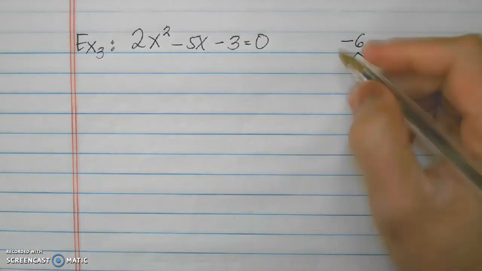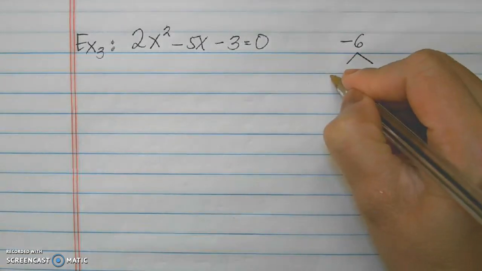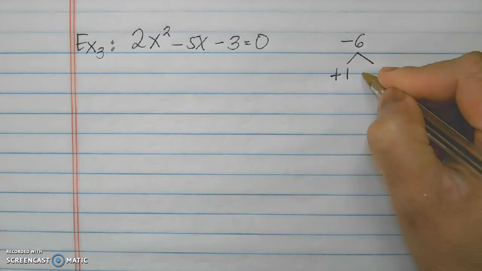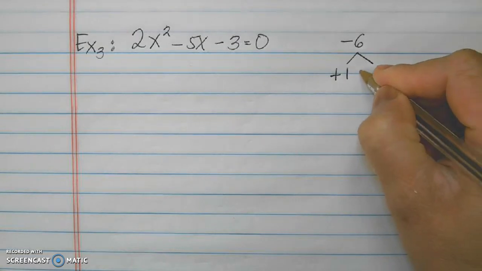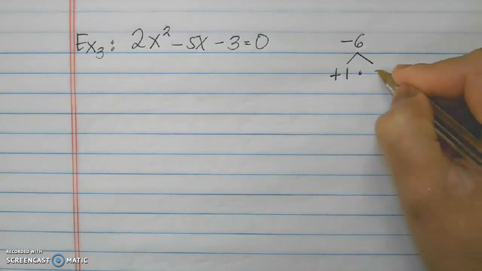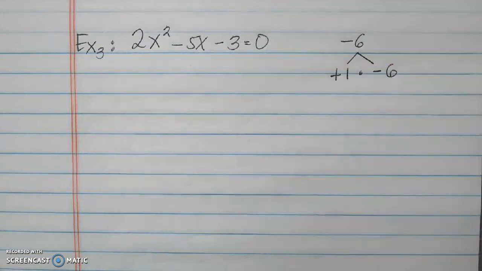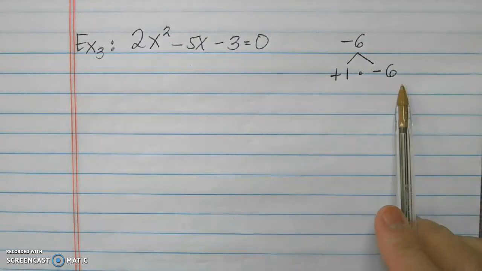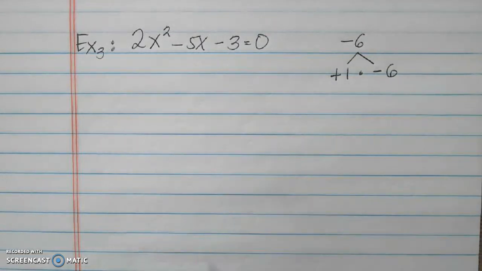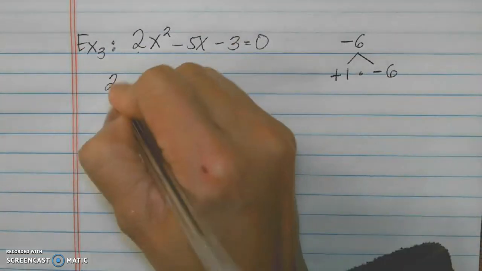So you're right, it is positive 1 times negative 6. Okay, so we are going to use this to solve for this trinomial. So let us begin. Copy this down.